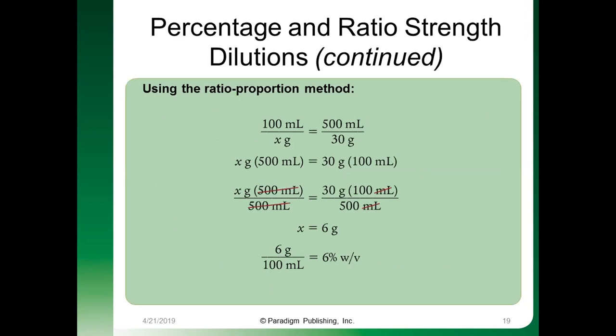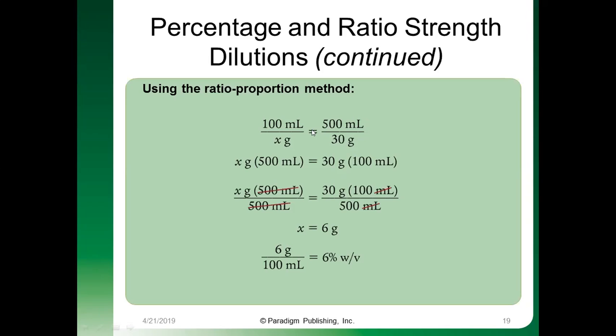Using the ratios and proportion method, so 100 milliliters over X grams, because again, this grams per 100 will give us our percent, correct? And our bag is 500 mLs over 30 grams.